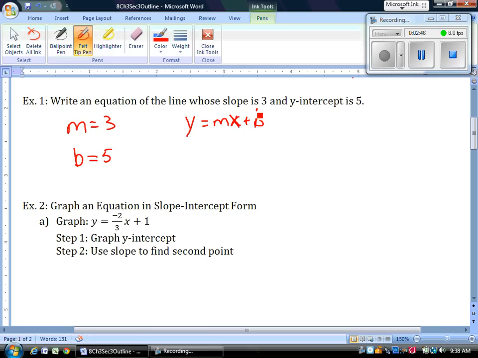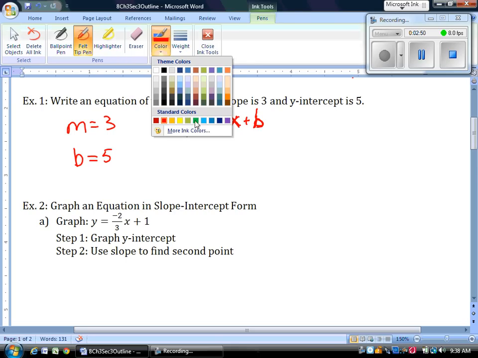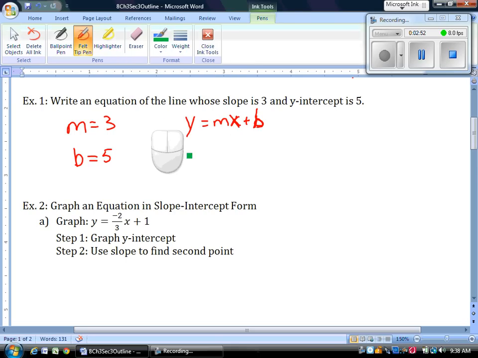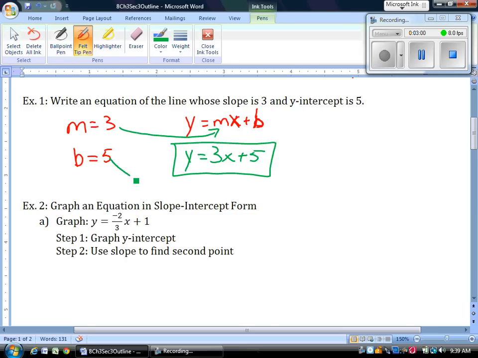What you always need to end up finding is a slope and a y-intercept. In this case, it's given to us, so it's pretty straightforward. y equals 3x plus 5. I just took my m and plugged it in for m, and my b and plugged it in for b. Okay? That's example 1.